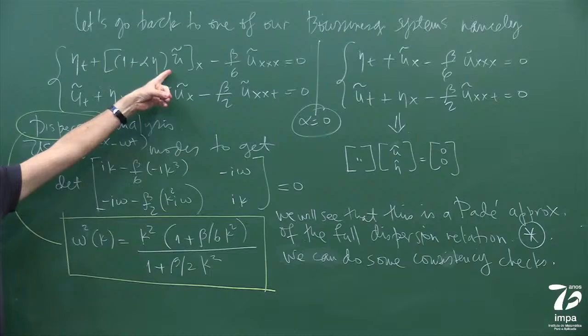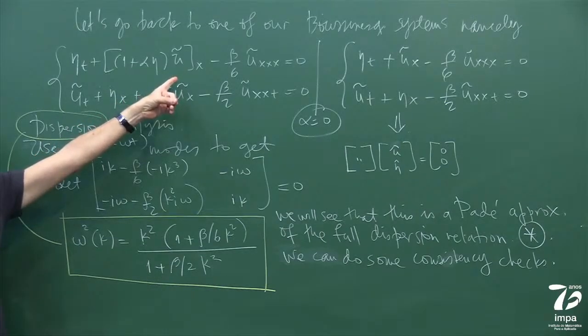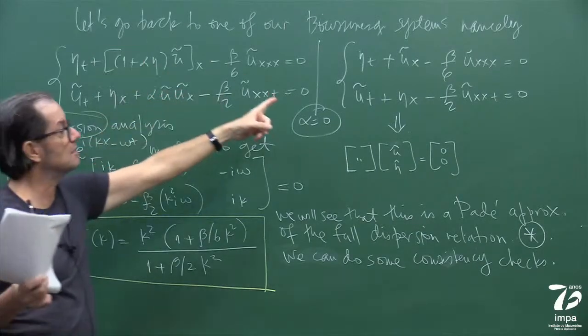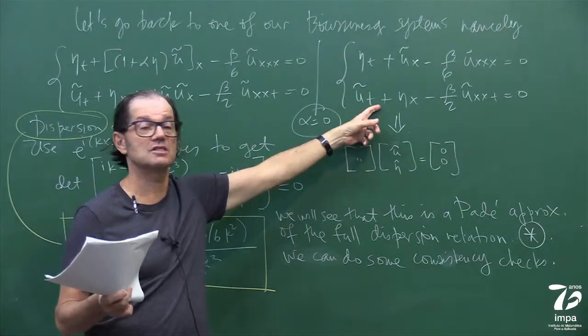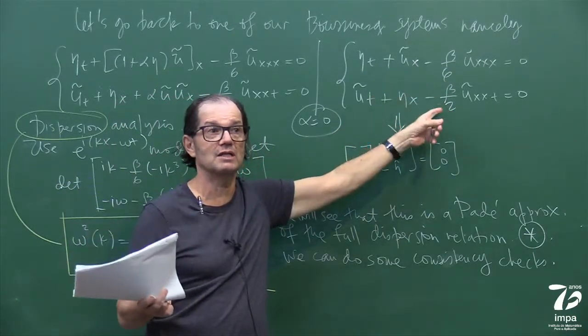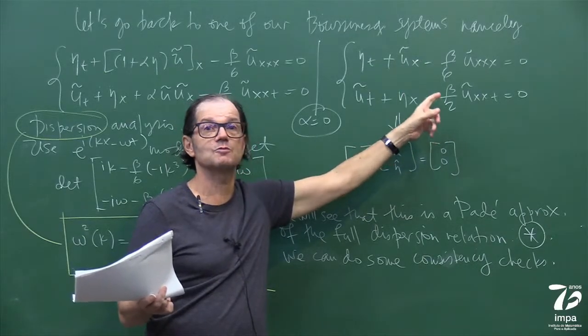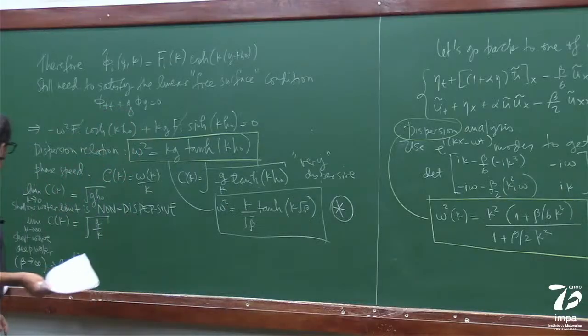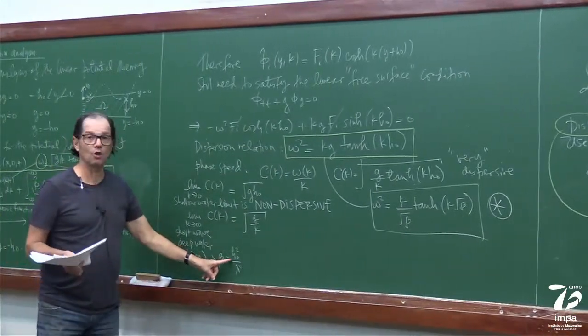Look, this system here is a system for weakly nonlinear, weakly dispersive waves. This system here is a linear system for weakly dispersive waves. What does weakly dispersive mean? Weakly dispersive means long waves.